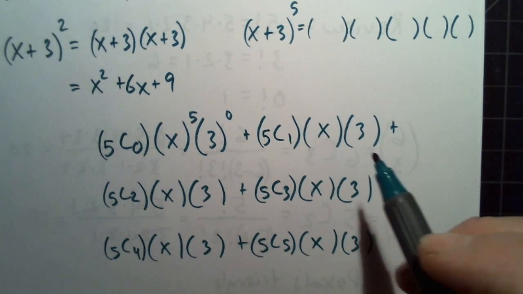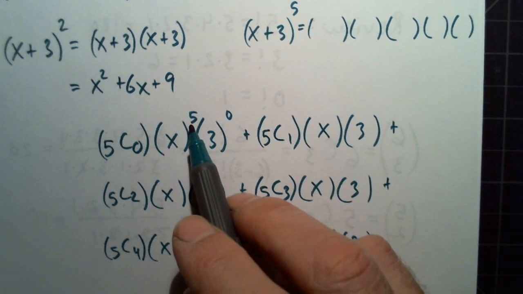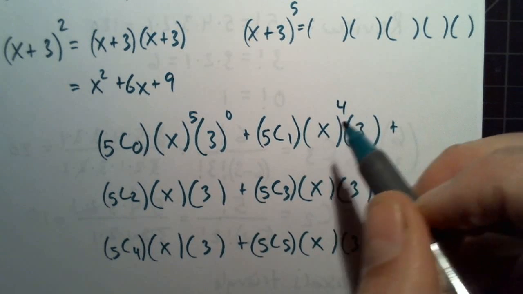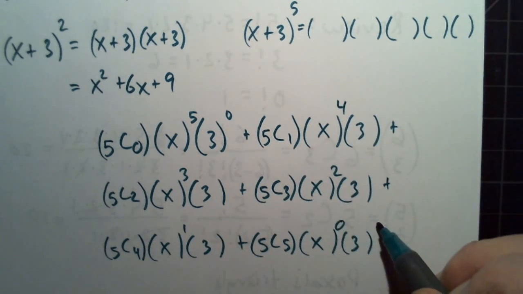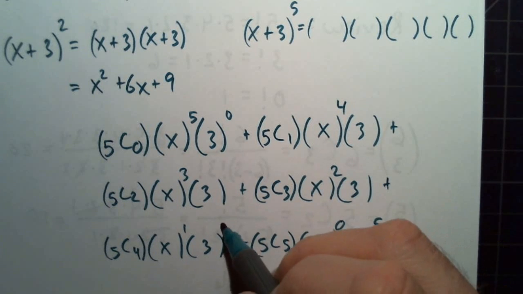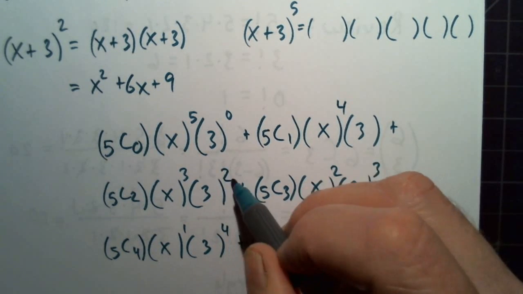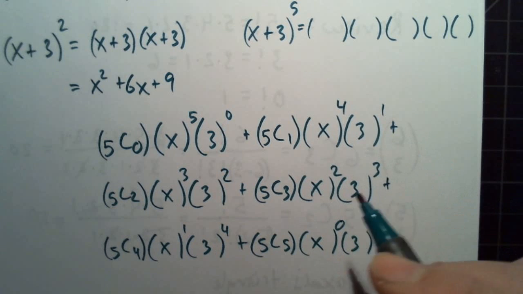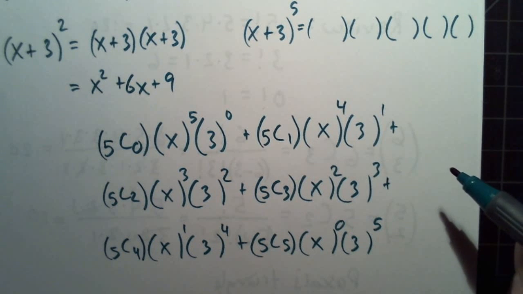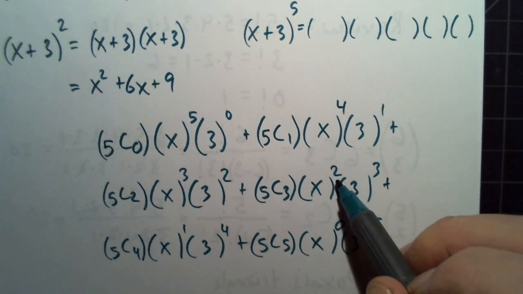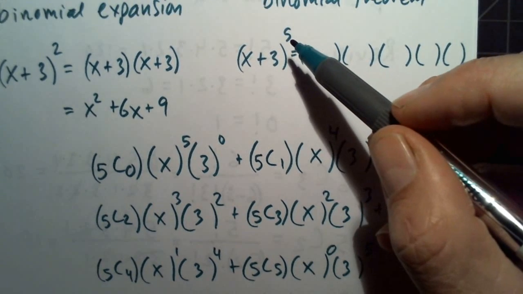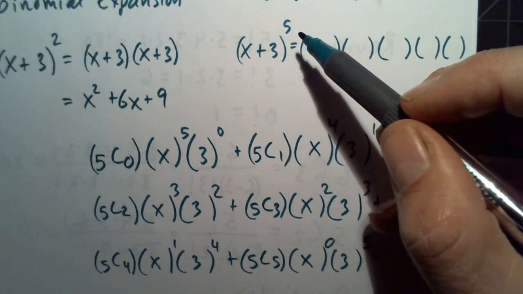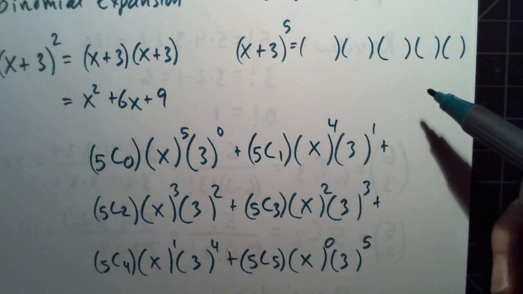And if we start with a 5 as the exponent here, well, then we'll go 4, 3, 2, 1, 0. We can count the other way, 5, 4, 3, 2, 1, 0. Also, you can check that every time the exponents add up to the degree of the polynomial. 4 plus 1 is 5.